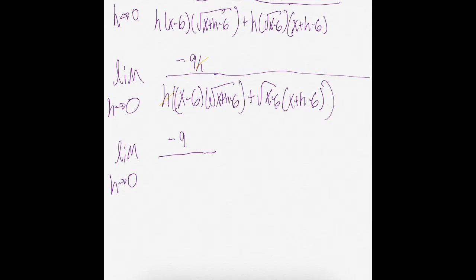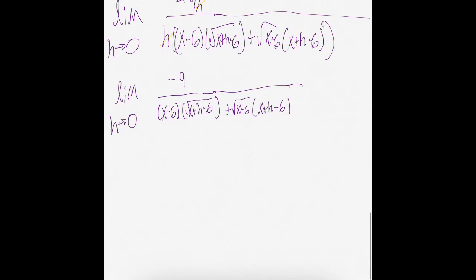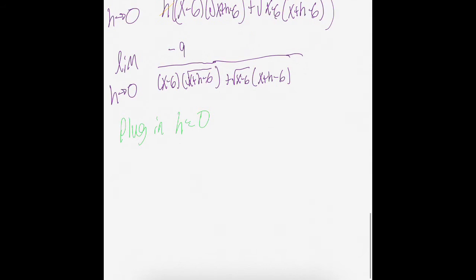There we go, h. So that's negative 9 over x minus 6, x plus h minus 6 square root of that, plus root x minus 6, x plus h minus 6. Well, now if I plug in h equals 0, we're going to go ahead and take that limit.